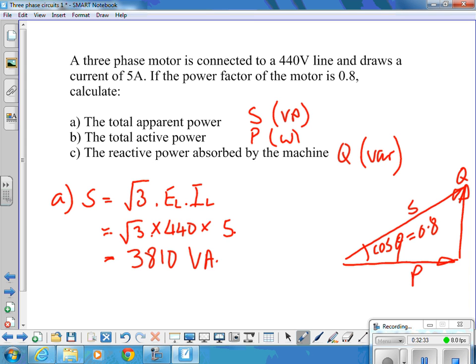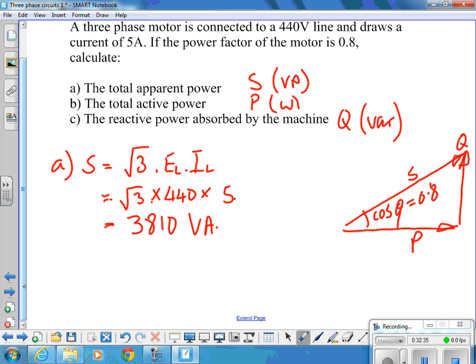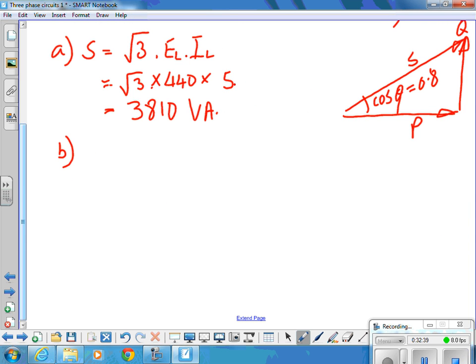What can we find now? What's the formula then?